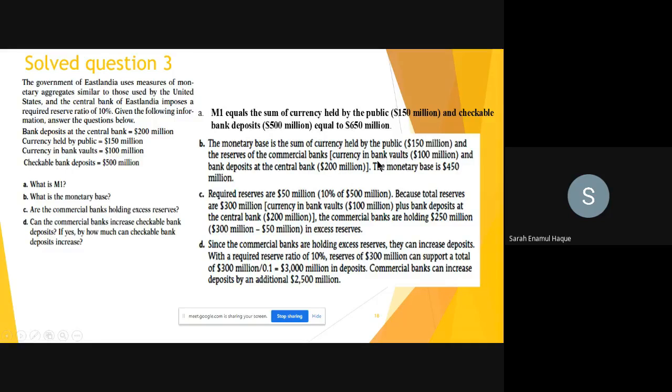So if you add all these up, 200 plus 100 plus 150, the monetary base is 450.